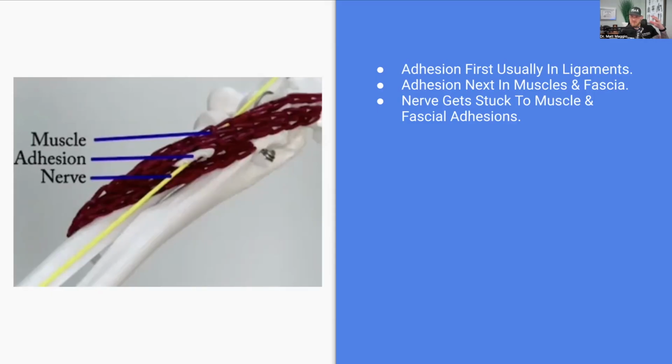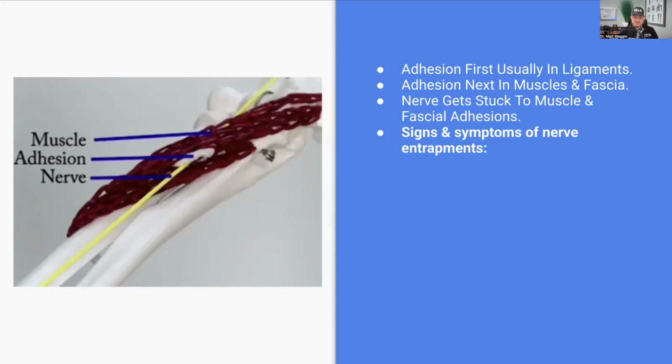So nerves are built with about 15% of extra slack to keep them moving and keep them healthy. But over time, as that adhesion gets bigger and bigger, eventually it gets stuck to the nerve. And a lot of times people are feeling things down the arm, into the hand, into the wrist. A lot of times it's coming from higher up in the chain because it's basically just pinched off because that adhesion is stuck there.